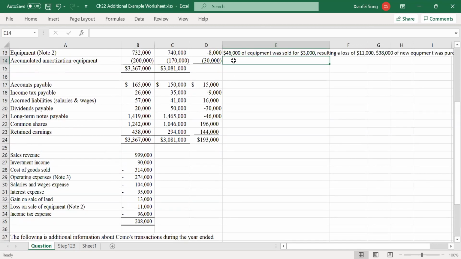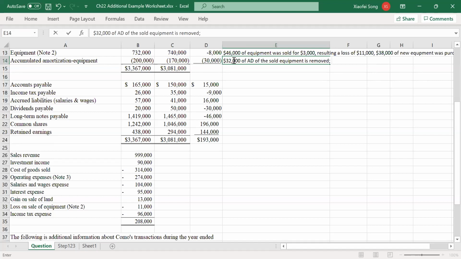So 32,000 of accumulated depreciation of the sold equipment is removed. But the accumulated depreciation increased. This is a negative number because it's a contra asset.